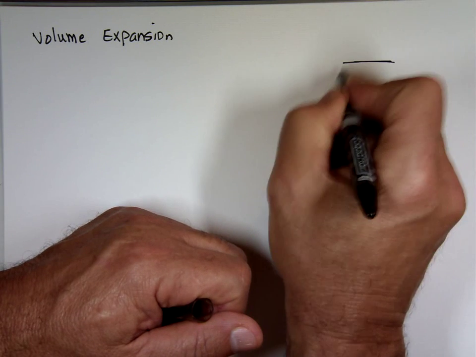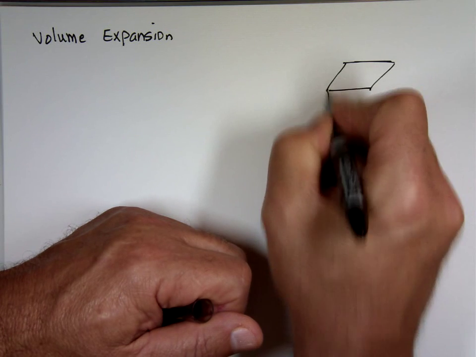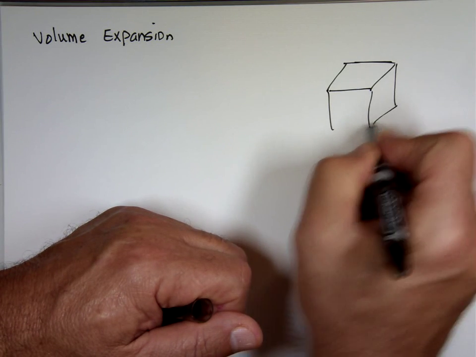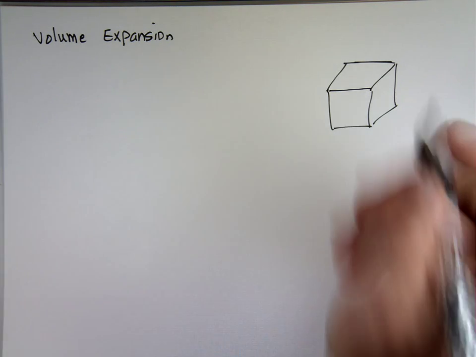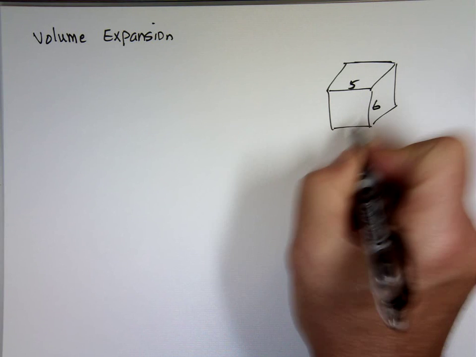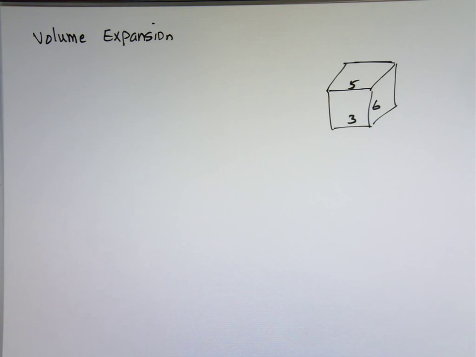Let's say we have a shape that looks like this, a block. We'll give it the values, I don't know, 5, 6, and 3. And let's say this is made out of concrete. This is a block of concrete.